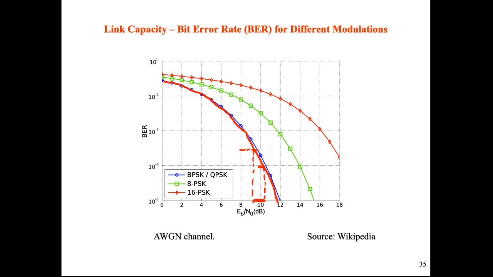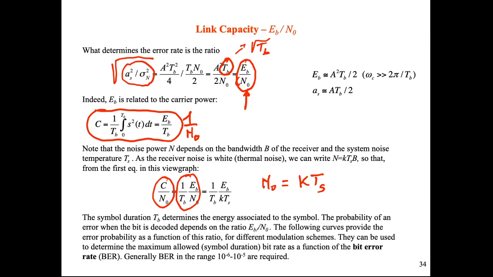And the bit error rate, since the bit error rate here is defined by this quantity, determines the carrier power that we need.